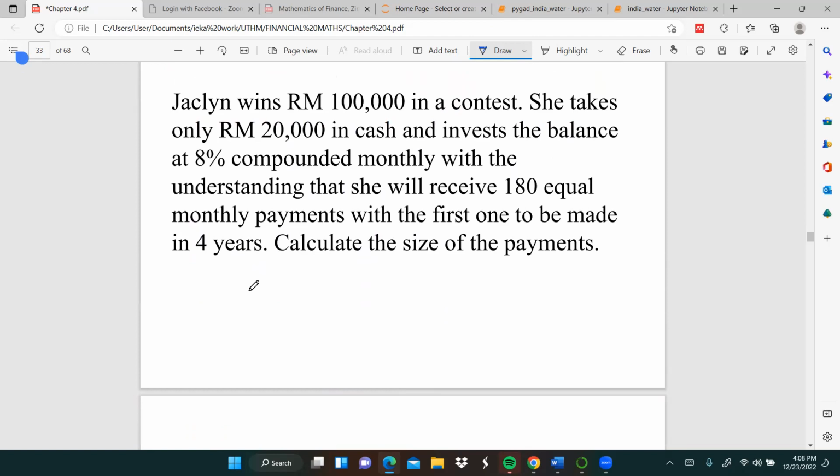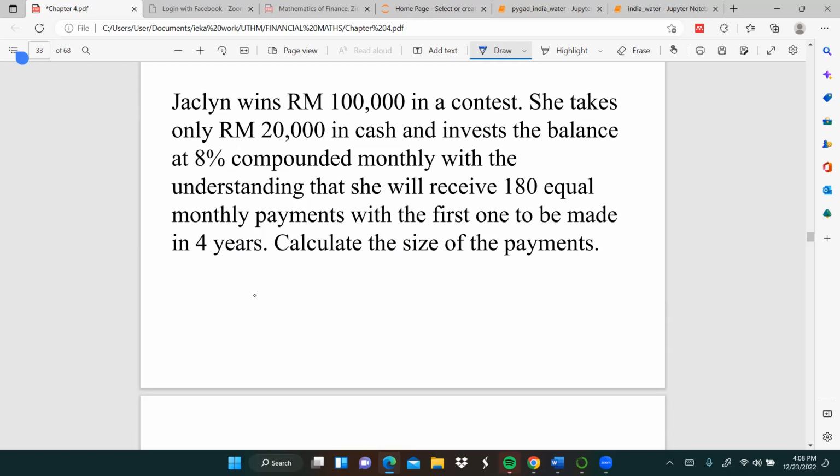So compounded monthly 4 tahun, 4 darab 12 kita ada 48. So maksudnya first payment kita adalah pada yang ke-48 tu. Okay, tapi kita punya K kita kena tolak 1. So 48 tolak 1, K kita adalah 47.